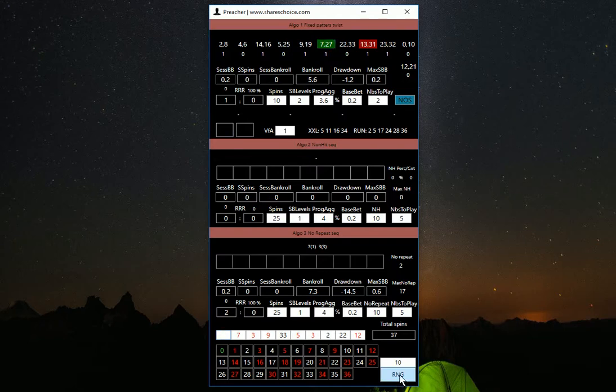If I generate 5 random numbers, we will see number 7 I entered here, 5 random numbers, nothing happened, so our session bankroll is still decreasing and we are playing. If I now enter number 5, again it's going down. If I now enter 27, we will win.